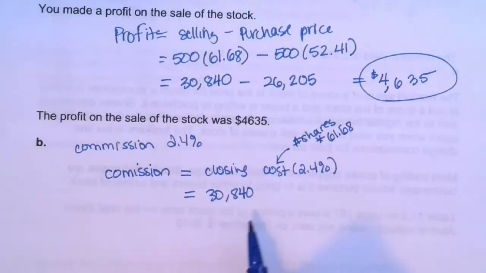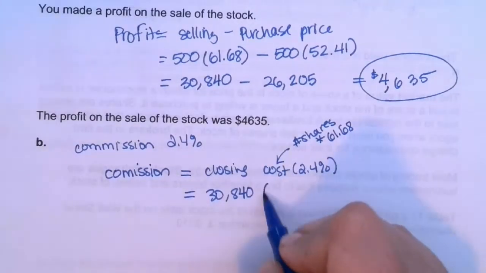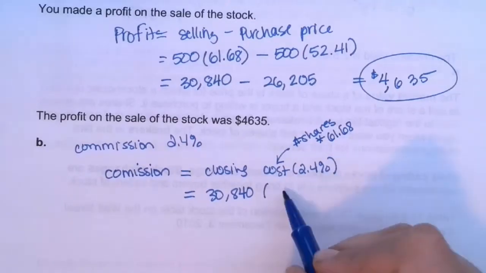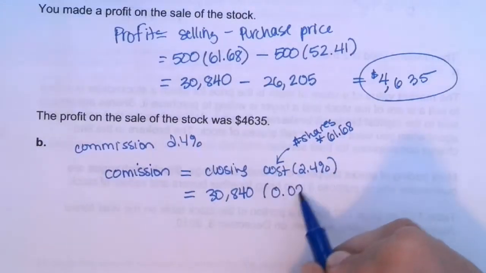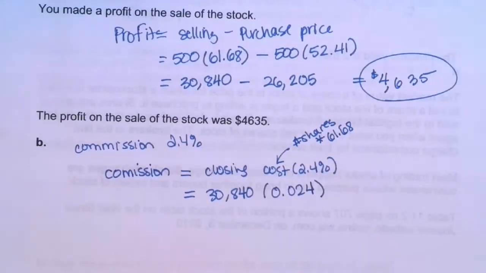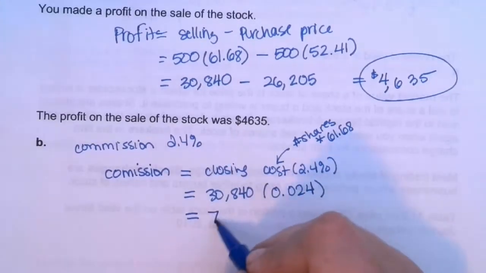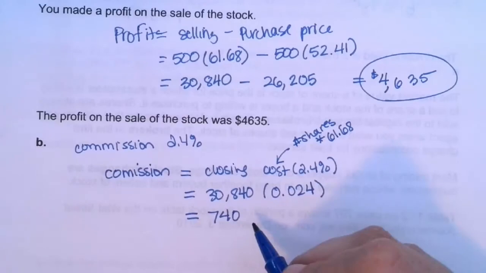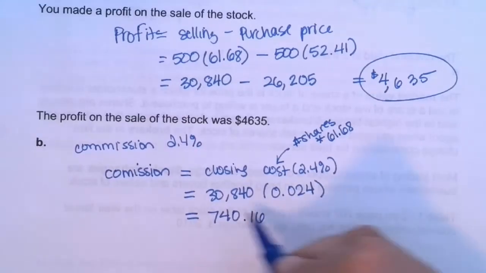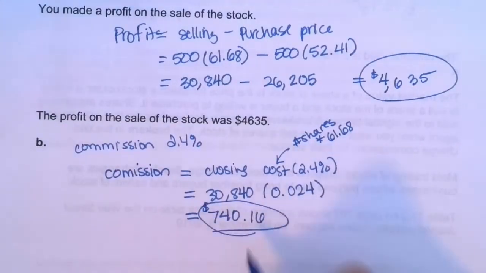So in our case, that was the $30,840, and that's going to be multiplied by a percent. Now remember, a percent we convert to a decimal, so it'd be 0.024, or you could divide 2.4 by 100. Either way, you get the same answer. And when we multiply those together, we find that the broker earned $740.16, rounding to the nearest penny.